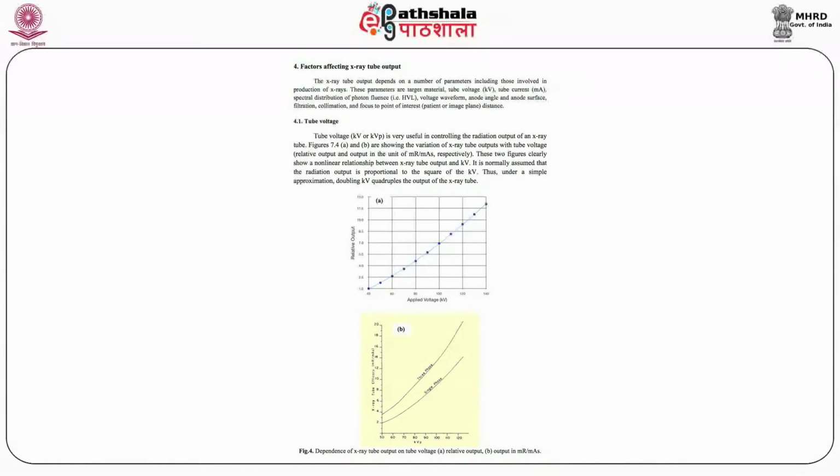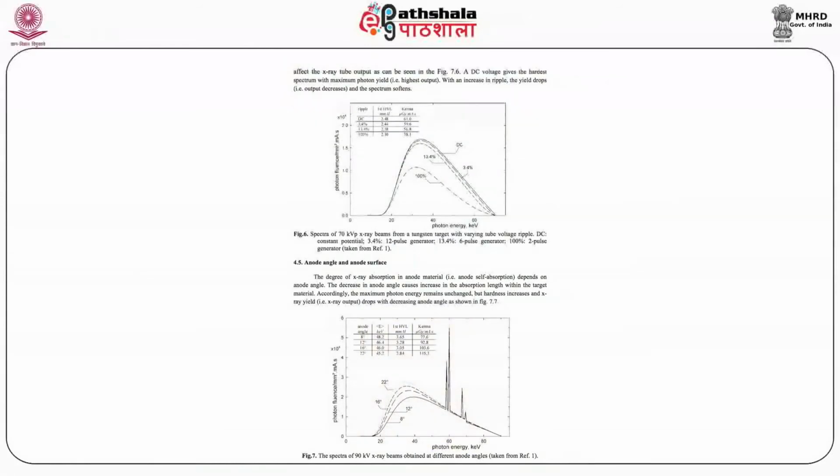So radiation qualities are usually specified in terms of the X-ray tube voltage first, and also including the HVL value along with the kV. Now we have different types of dosimeters available for dosimetry in diagnostic radiology.